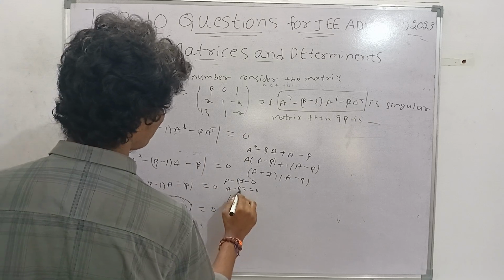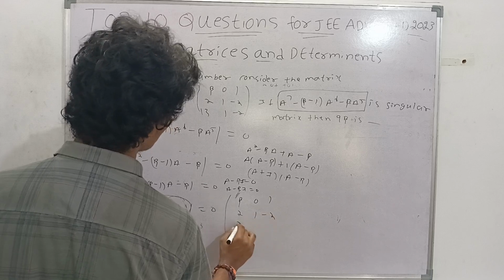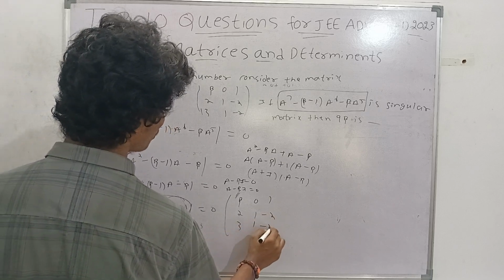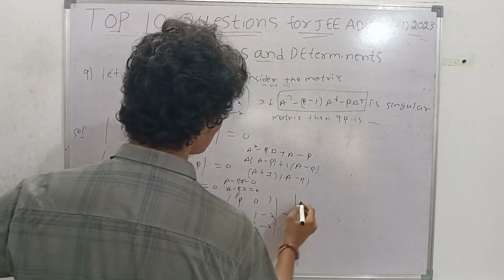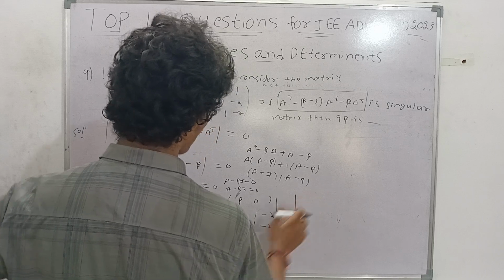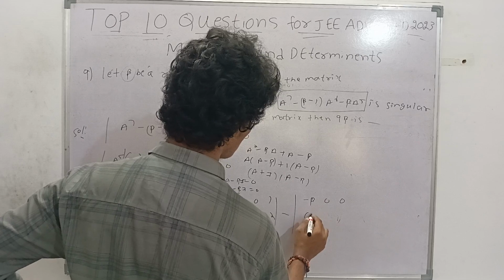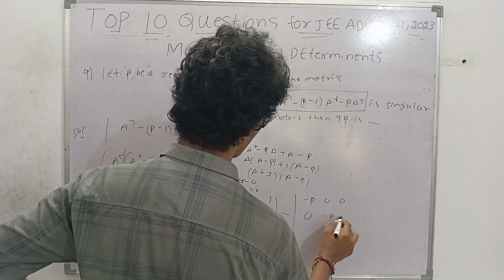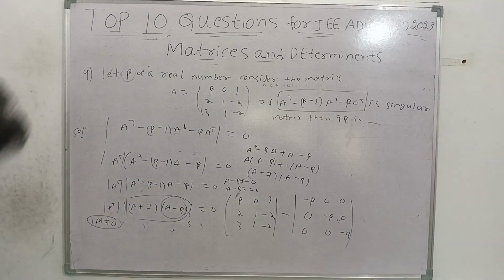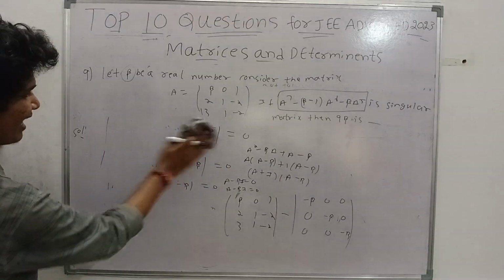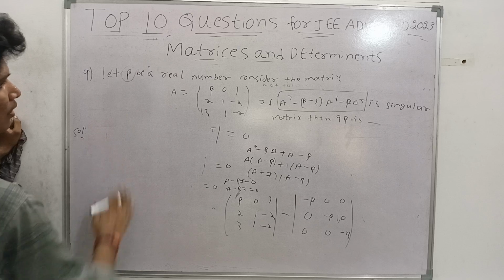They gave beta 0 1, 2 1 minus 2, 3 1 minus 2, minus beta into I. Here it will be minus beta 0 0, 0 minus beta 0, 0 0 minus beta. So I have to solve this thing. When I subtract this, what will I get?